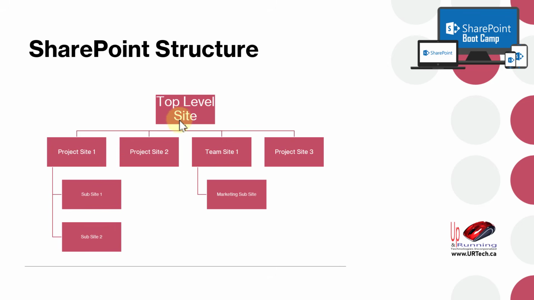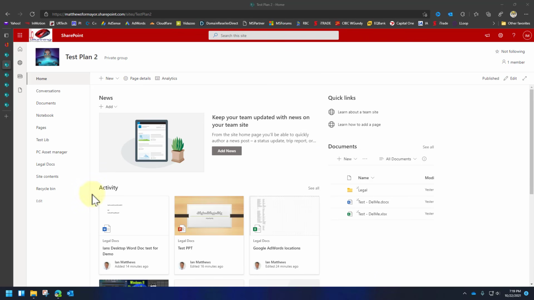Now you can break the inheritance. That is the phrase that is used, so that things from, say, your project site do not flow down into your subsites. So let's say I wanted to change the permissions on that legal docs folder so that only some people could get access to it and not the defaults that are from the top level site.